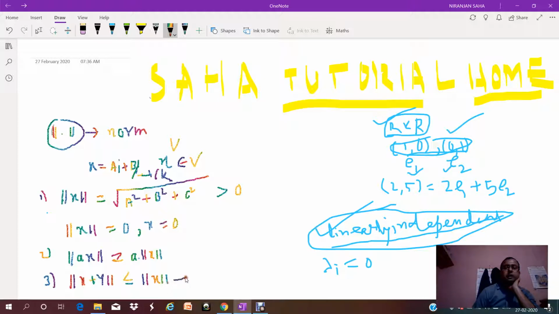Norm is one kind of distance, or the modulus of any vector. So I'm giving a two-dimensional figure to make it understood. This is the x-axis, this is the y-axis. Take a vector x and a vector y.